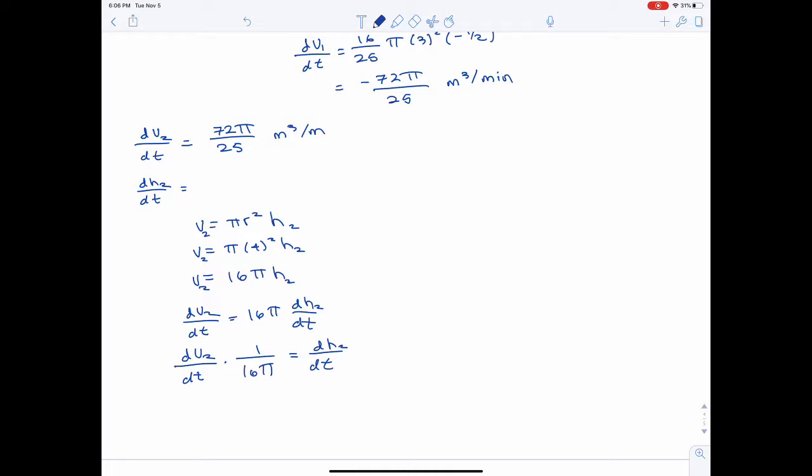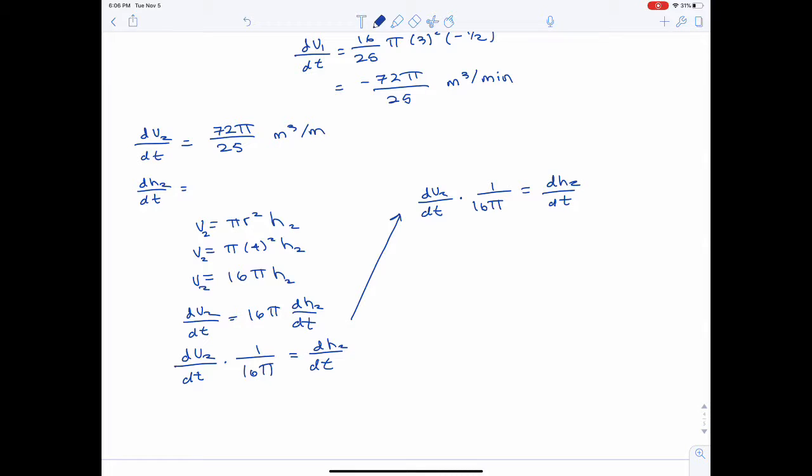And from here on out, I'm just solving. So let's take that equation and I'm going to move it over here, and I'm going to say the rate of change of that second volume times 1 over 16 pi equals that. So I just kind of copied that over, which was useless.